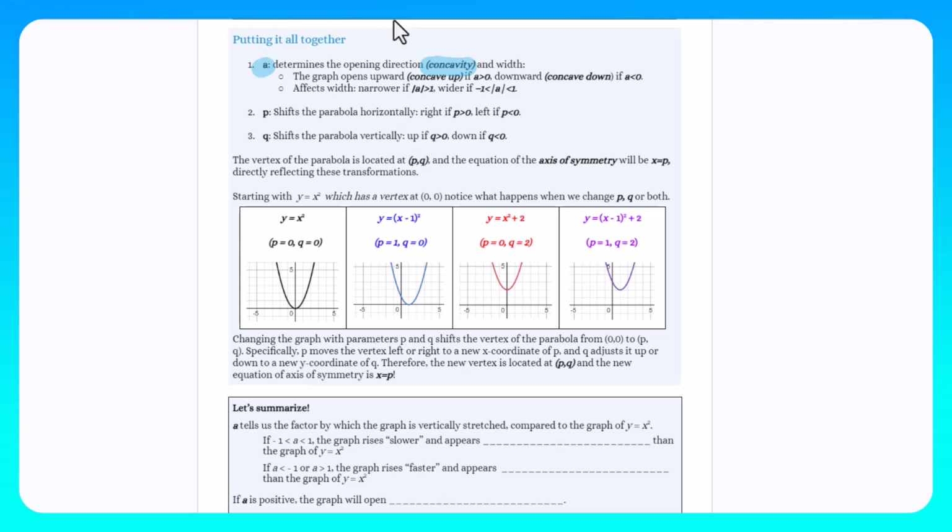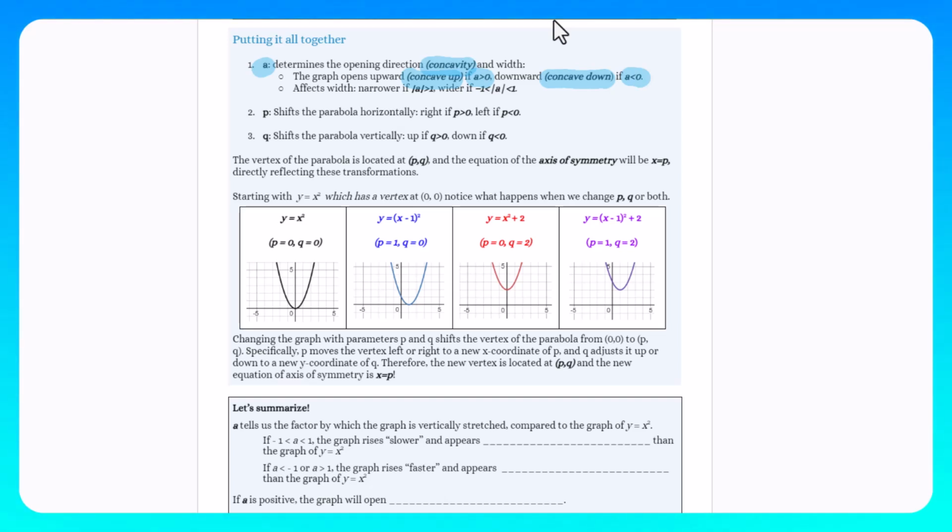So if it is opening upwards, we say it is concave up, and we know that happens when A is greater than 0. It's the same in standard and vertex form. If A is less than 0, it is concave down.